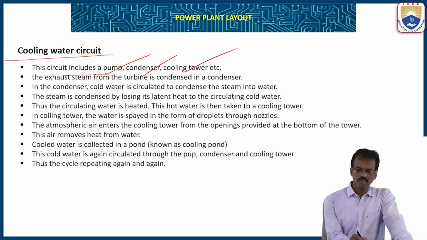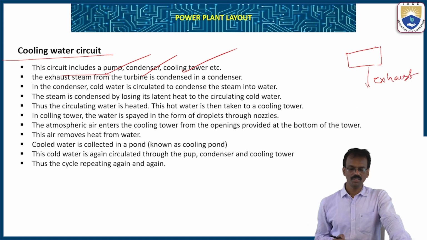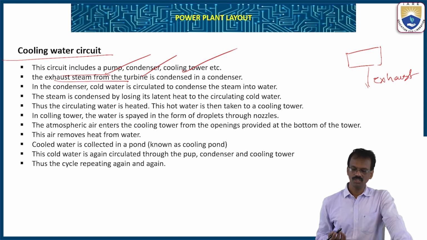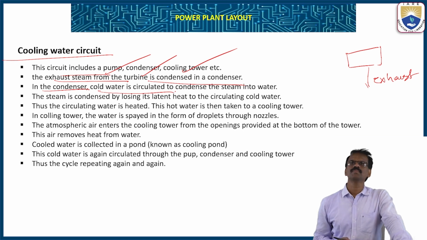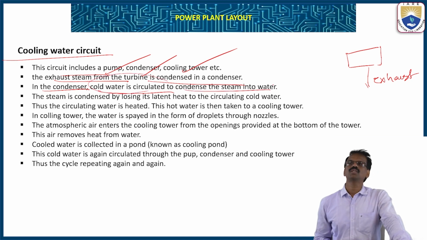The exhaust steam which is released from the turbine is collected into the condenser for condensation. In the condenser, cold water is circulated to condense the steam into water.